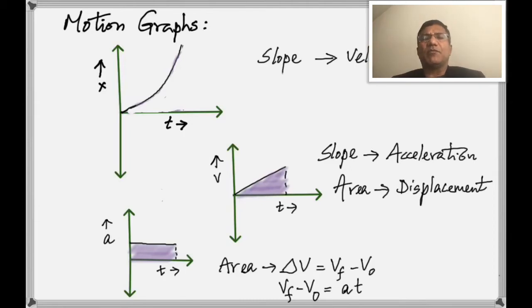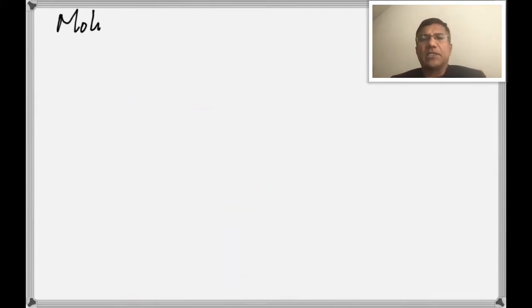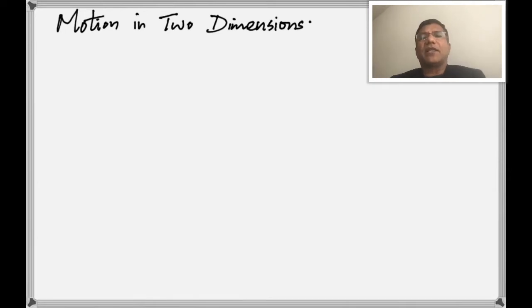Which brings us to motion in two dimensions. Now remember that in this type of motion, the object is moving both along the x-axis and the y-axis. And the important thing to remember is that the horizontal velocity of the object is not affected by gravity.